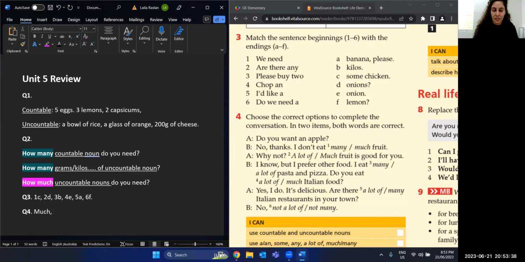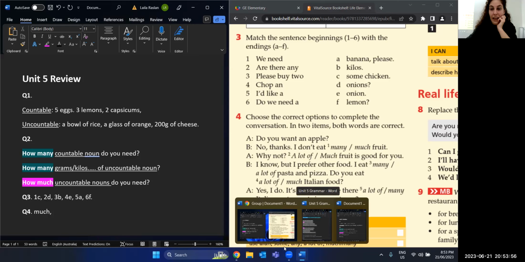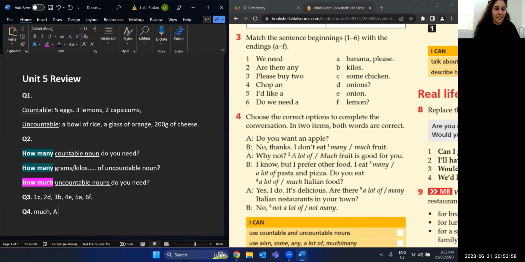I don't eat much fruit. Why not? Food is good for you. A lot of. Yeah, a lot of.